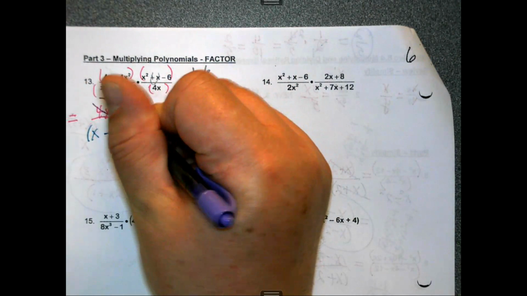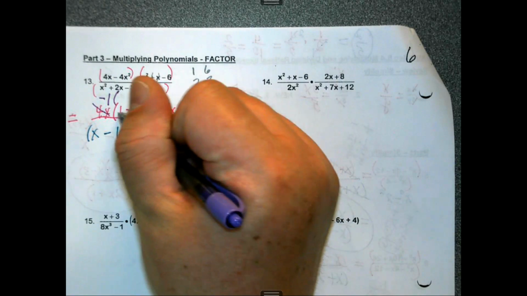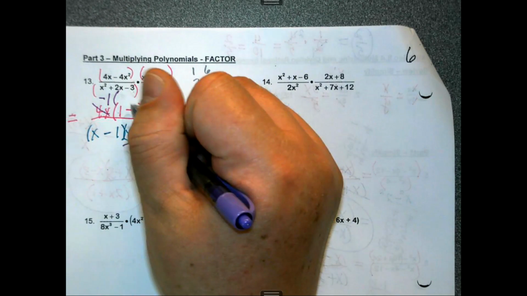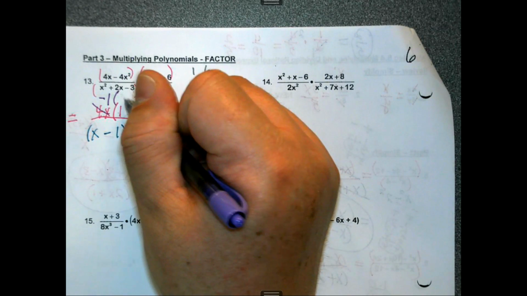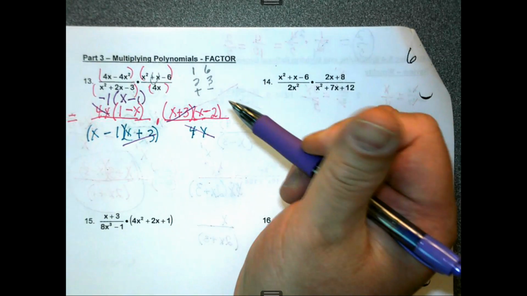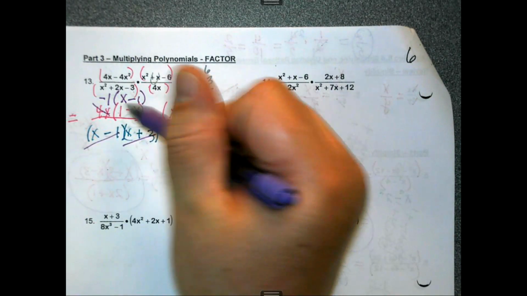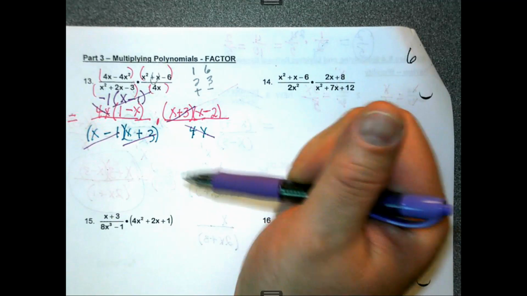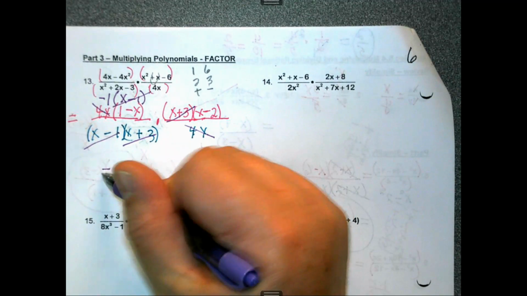I'm going to take out a negative 1, and it switches the sign inside. So I have a positive x minus 1 for my factor. Now I can take this, cancel it out. But I can't forget about that negative 1.